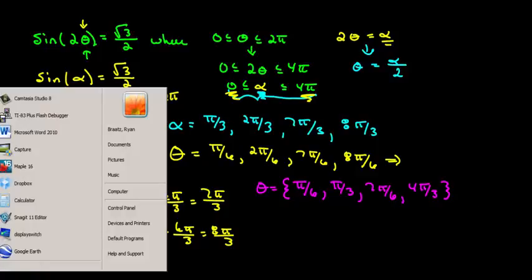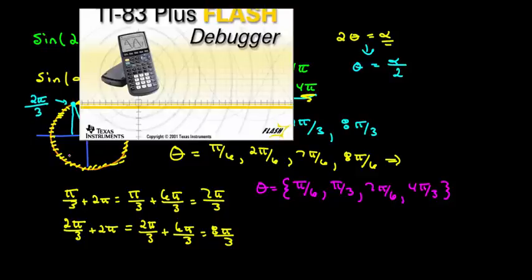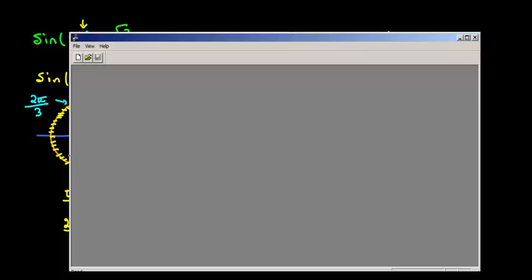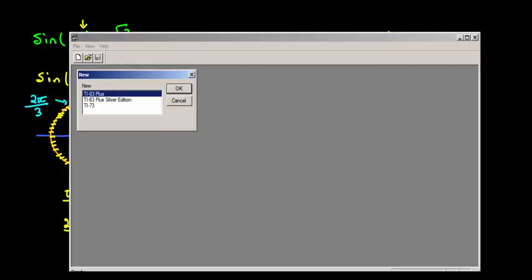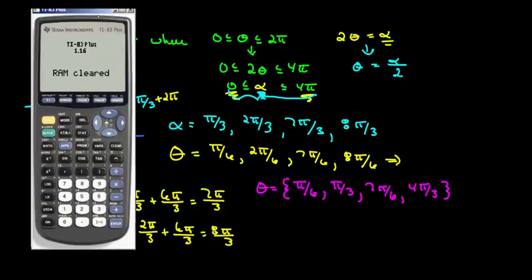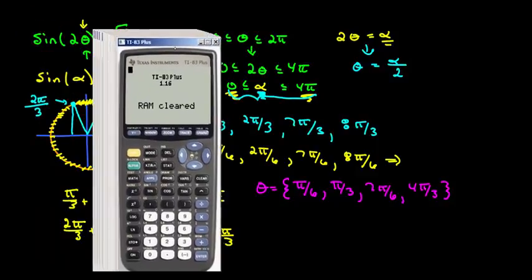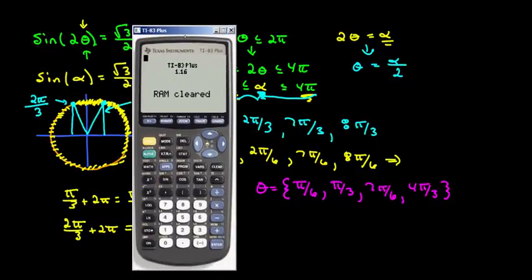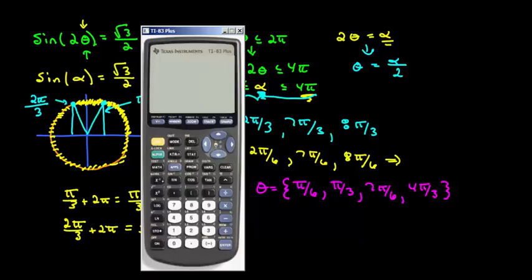So let's check to see if those actually work. I want to make sure that the values I picked give me square root of 3 over 2, which is 0.866.